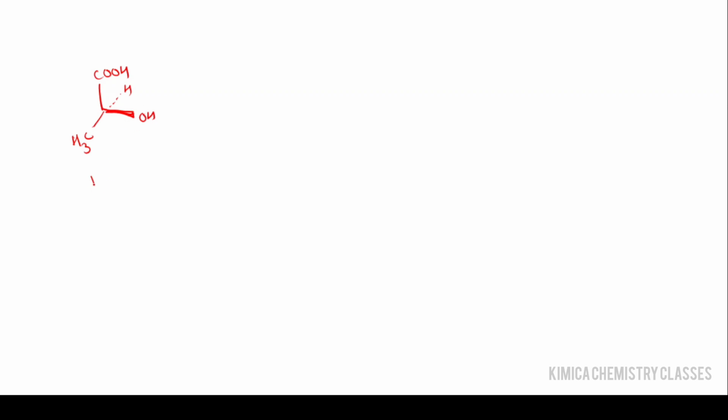Like this is lactic acid in positive form, and negative form, right? And this is lactic acid. I will show you another example, that is of 3-bromobutan-2-ol, that is like this.